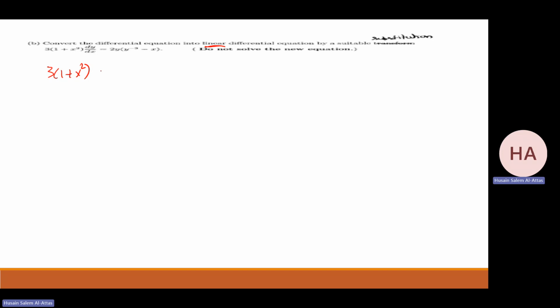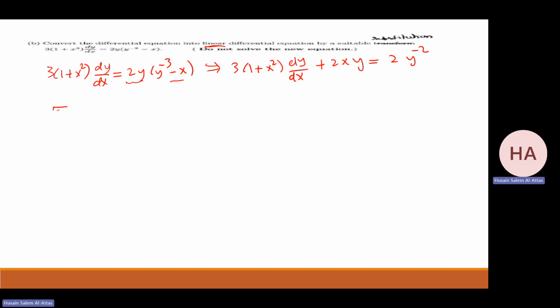Yeah, I think it's x cube or x squared. No, it's x squared. dy over dx equals 2y to the power minus 2. Let me rewrite it. I have 3 times 1 plus x squared dy over dx, plus 2xy equals 2y to the power minus 2. So I have dy over dx plus 2x over 3(1 plus x squared) y equals 2 over 3(1 plus x squared) y to the power minus 2.